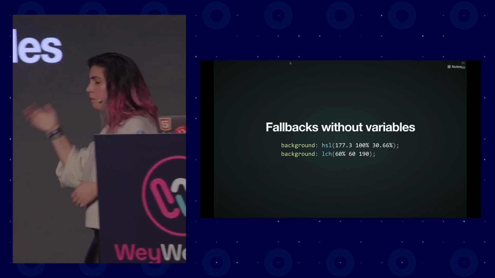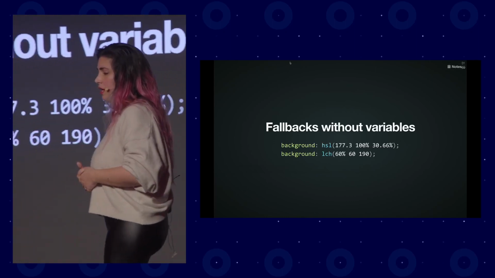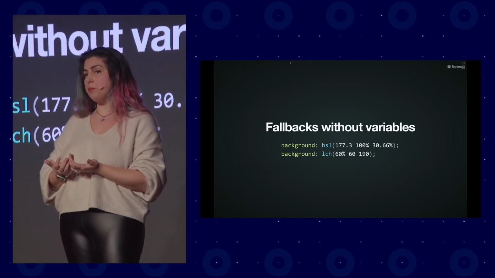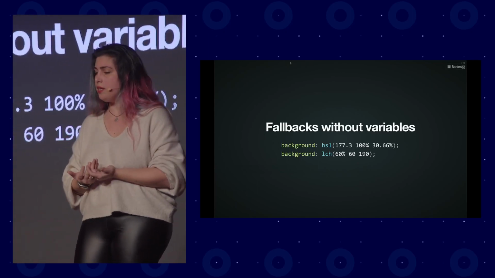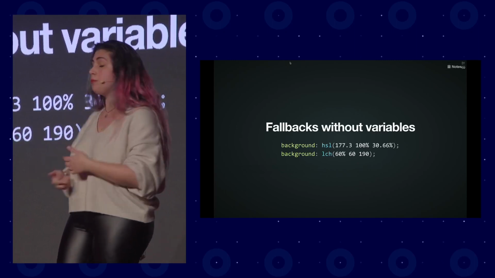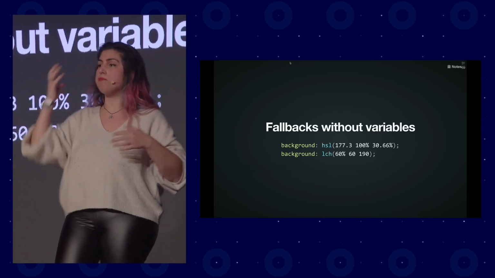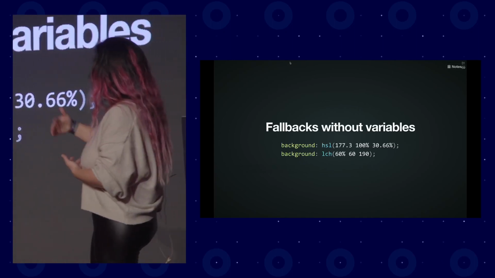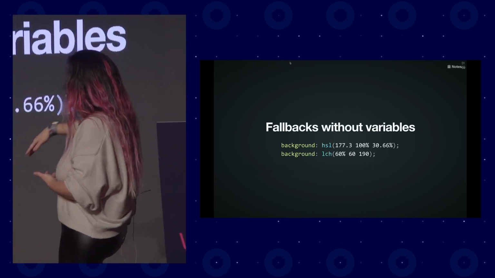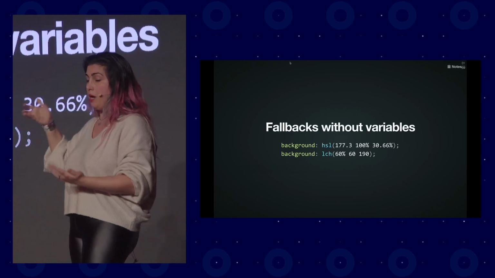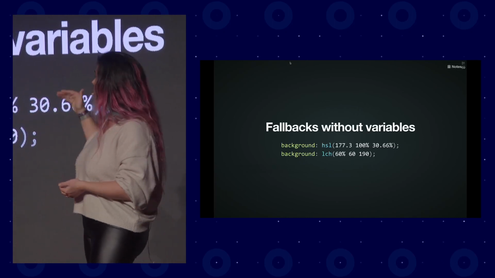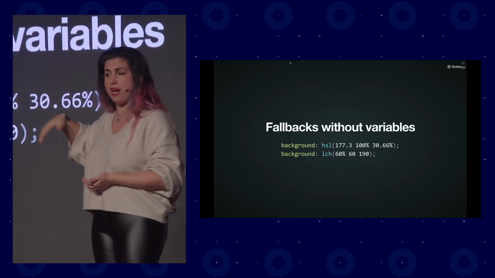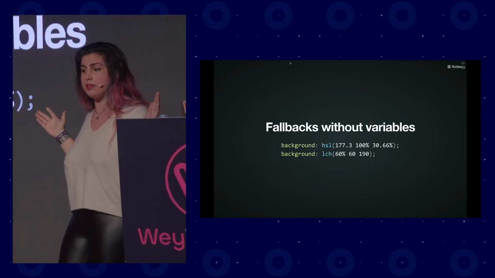So back before CSS variables, if we wanted to use a new fancy CSS value that might not be supported by every browser we need to support, this is the kind of thing that we did. Let's suppose we wanted to use new CSS color formats, LCH colors. They're not supported everywhere. So we used to use two declarations, one with the value that might not be supported everywhere, and before it, we would include this widely supported value that every browser is able to understand.